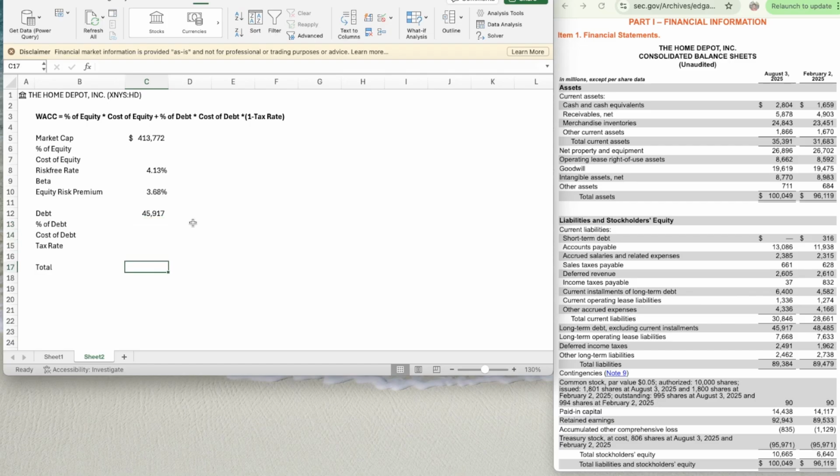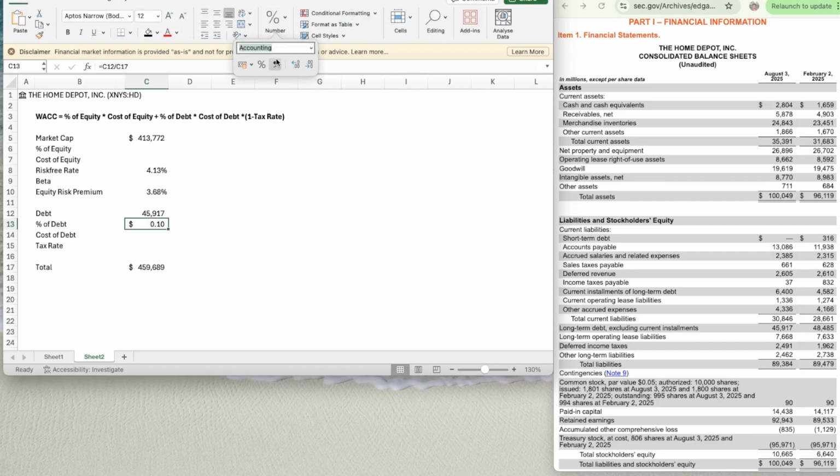Which means the total down here is this plus the market cap plus the debt. And the percentage of debt is the debt divided by the total. But this is a percentage.